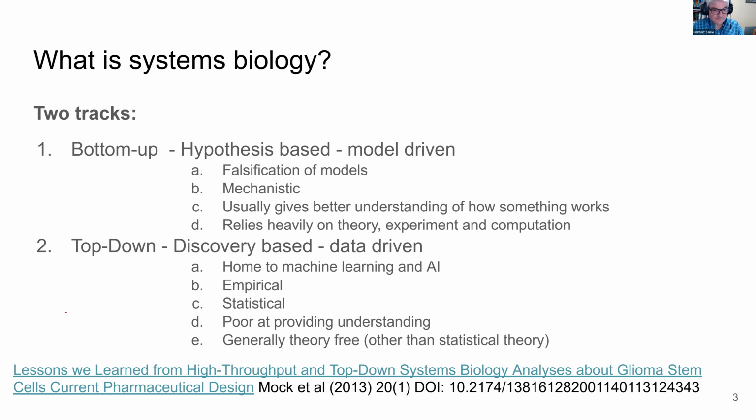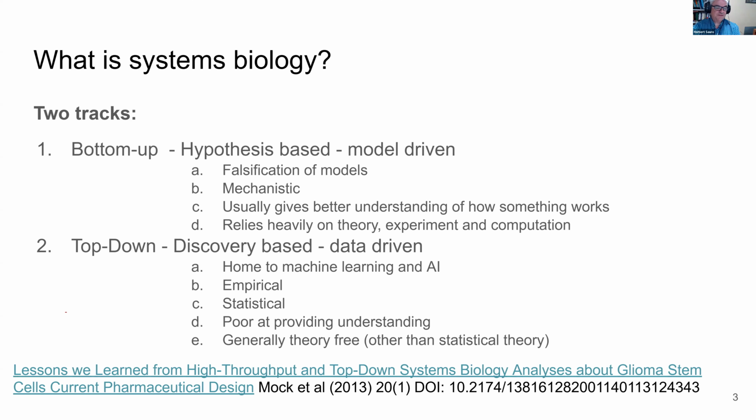Now for top down, it's sort of discovery based. You start with the data. So it is largely data driven. And you discover based on the data and the patterns you see in the data. And it's really the home of machine learning and AI. It's heavily empirical. It can use statistical methods. It's not very good at giving insight.